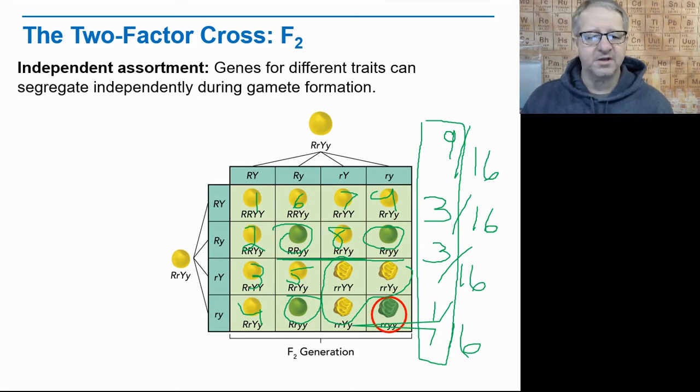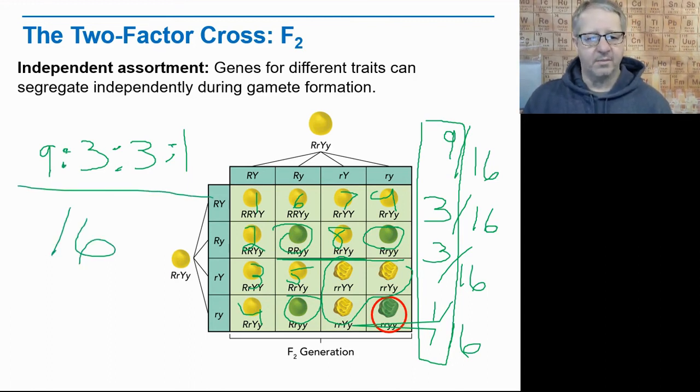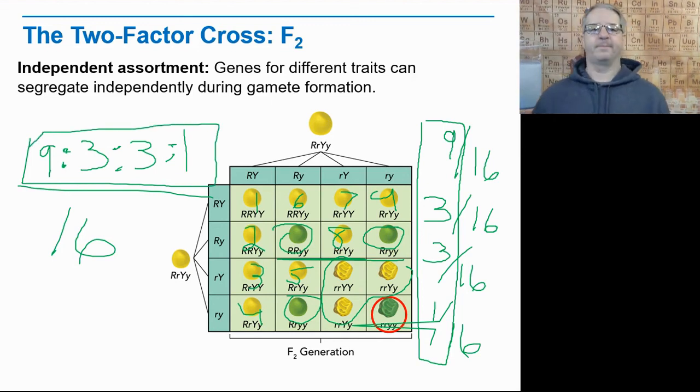Okay, so this Punnett square gives us this ratio, 9-3-3-1. Okay, now these are all over 16, but this is the ratio here, 9-3-3-1.